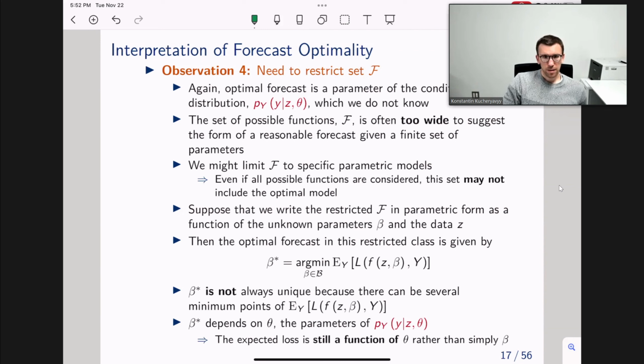And then once we start limiting ourselves to particular parametric models, the optimal model that would deliver minimized risk might not be in that class. But searching for the right class can be a whole big problem that we might not be able to solve. Suppose that we restrict this class of models in parametric form as a function of unknown parameters beta and data z.